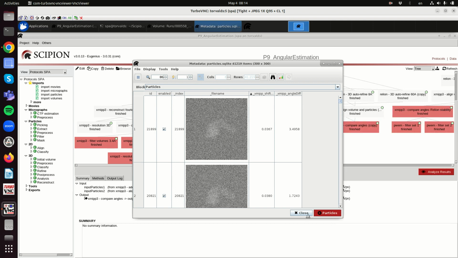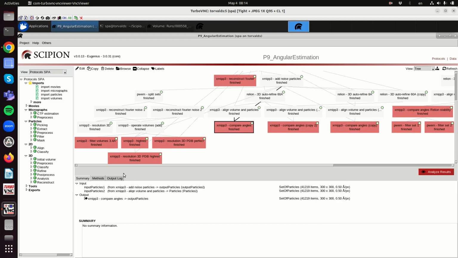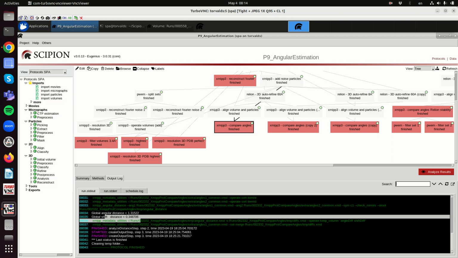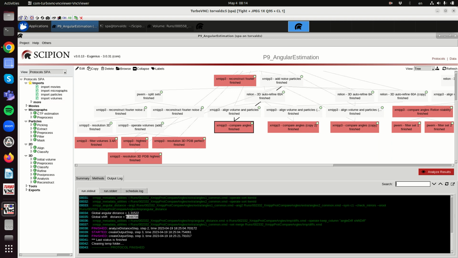We will not go any more into this detailed analysis, so we can look at a summary here. The average angular distance is 1.3 degrees, and the global shift distance is 0.35 pixels.